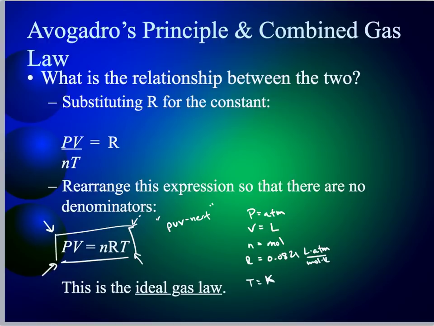So this is the first time that we've had an equation where pressure and volume must be in these units, atmospheres and liters. And the reason is because of what the constant's value is. If I change these, I'd have to change the value of the constant. So we're not going to do that. We're just going to convert pressure to atmospheres and volume to liters if it's not already that way.